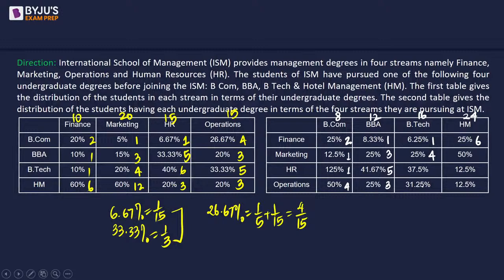Now 37.5% is 6 by 16 or 3 by 8. So 6, 4, 10, 11 is done, so this is going to be 5. 50% of 24 is going to be 12. This is 18, 6 left, equally divided. So this is how they are related, right?